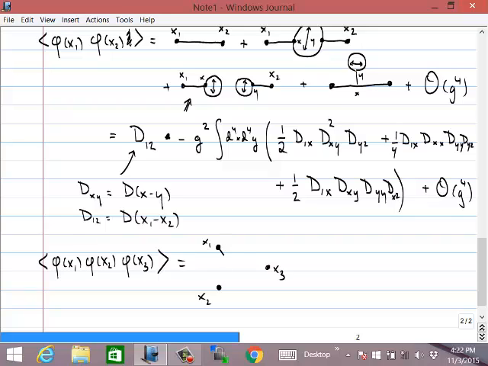And then you try and connect them up using some sort of diagram. So if we wanted to write that schematically, you might just write it like that, where I've written some blob here to represent any possible Feynman diagram that you could use to connect up those 3 external vertices.